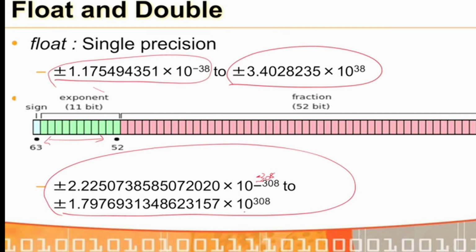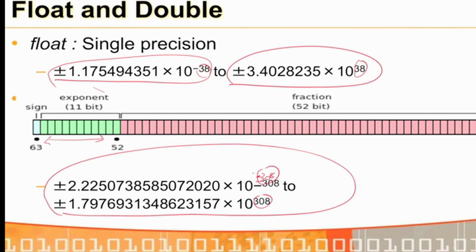Please note that when I go from single to double, my exponent range increases almost 8 times, 38 to 308 and minus 38 to minus 308.